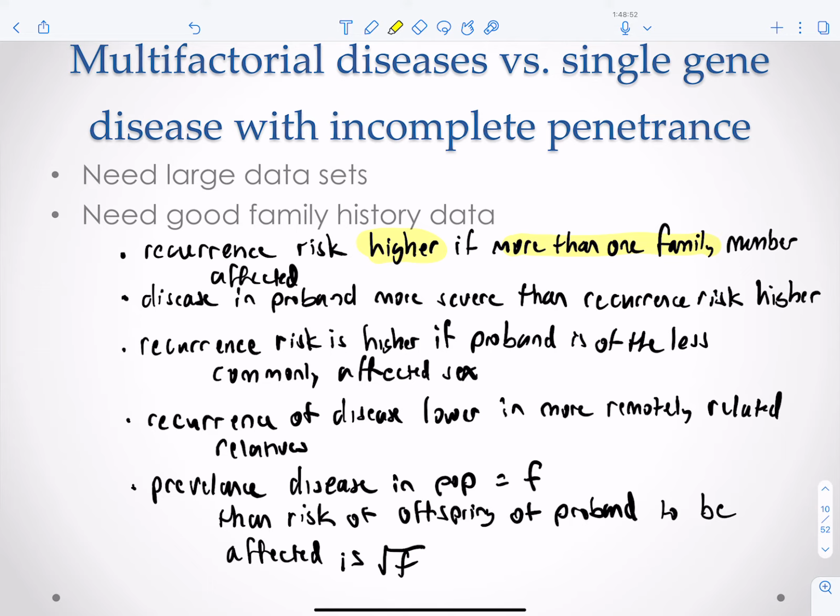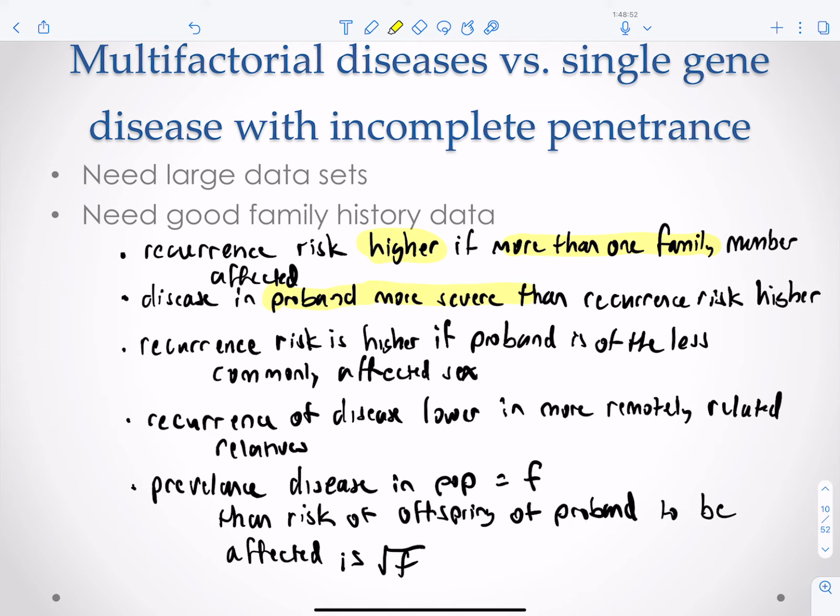And in addition, if you have a proband that has a more severe form of the disease, that indicates that they have more risk factors they've inherited. And so the recurrence risk for first-degree family members is higher.